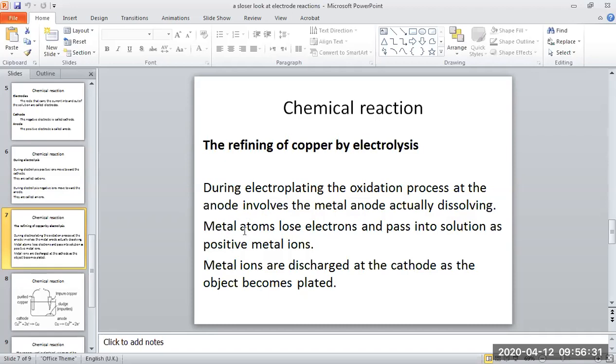Metal atoms lose electrons and pass into solution as positive metal ions, and the metal ions are discharged at the cathode as the object becomes plated. Because metal ions are positive and the cathode is negative, they attract, and at the object they become plated.